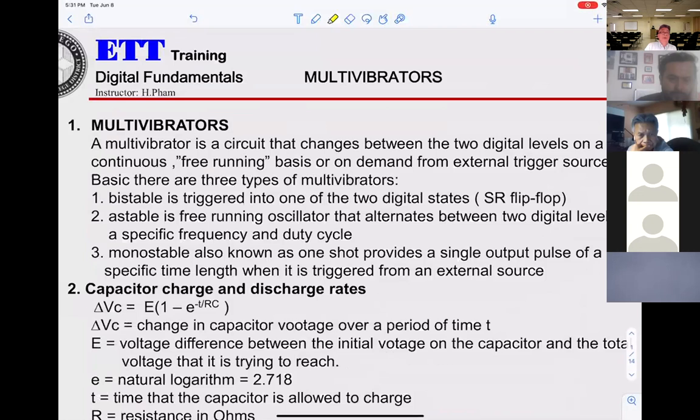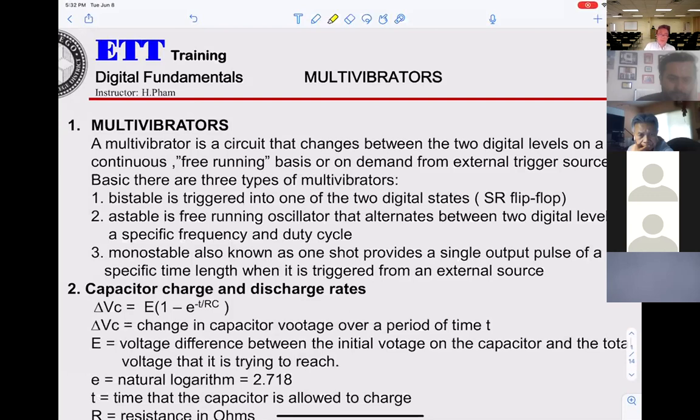Okay, so multivibrator, that is just a circuitry that will change the state between two digital levels. That means on this type of circuitry, the output is only at logic 0 or logic 1, or 0 volt or 5 volt, okay? And there are three different types. Bistable, that means they're using the flip-flop.